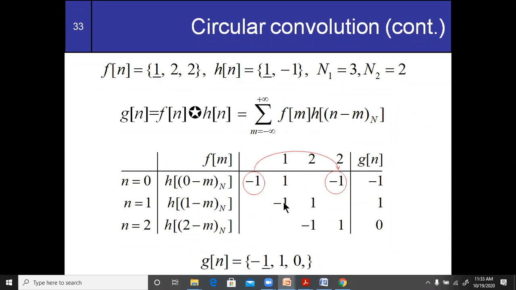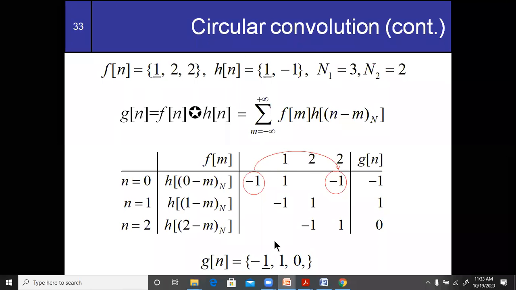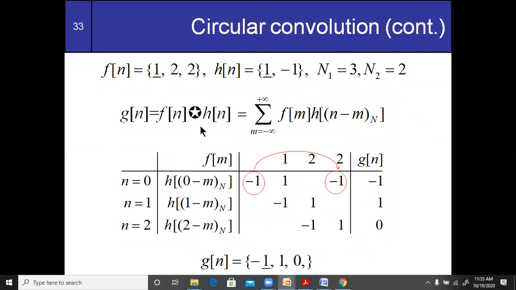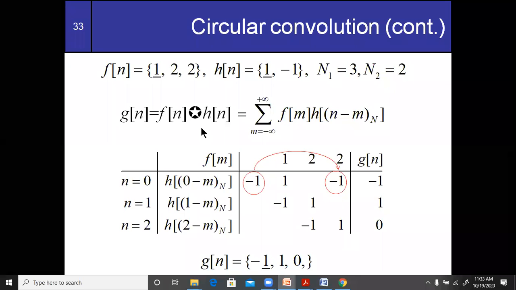Then this with this, and this with this, and this with 0 are multiplied and added, and you'll get this. Corresponding value this with 0, this value with this y minus 1, and this value with this are multiplied and added to get the resultant 0. So thus we will get the Gn like this. That's how we get the circular convolution by writing in the proper symbolic way. This symbol is for circular convolution, and for normal convolution we just write the asterisk.